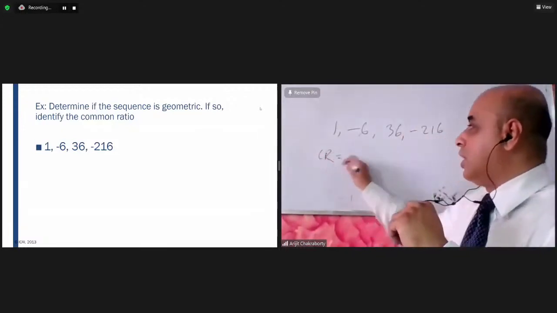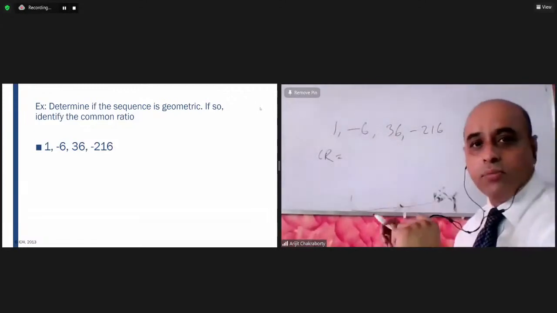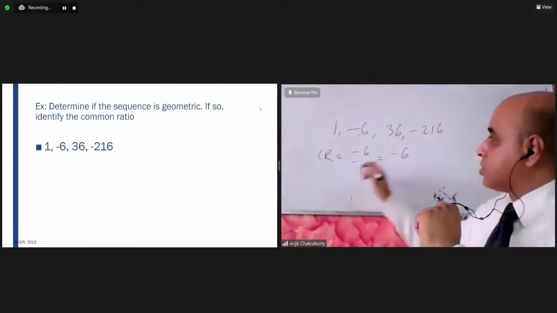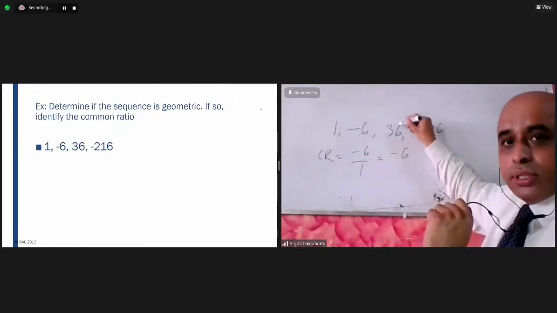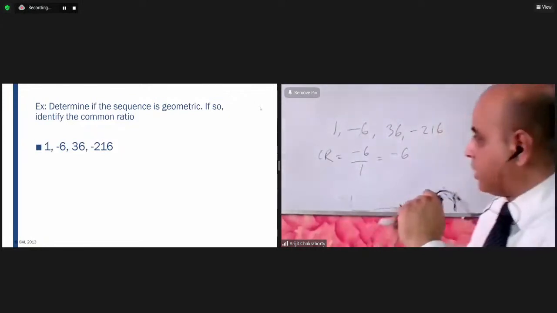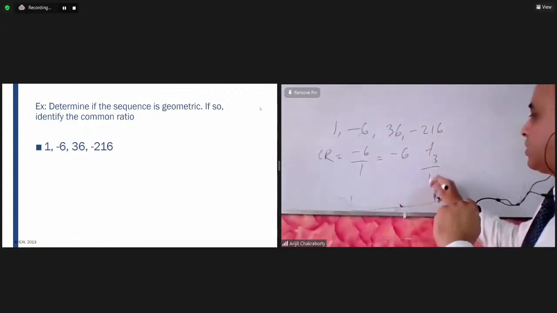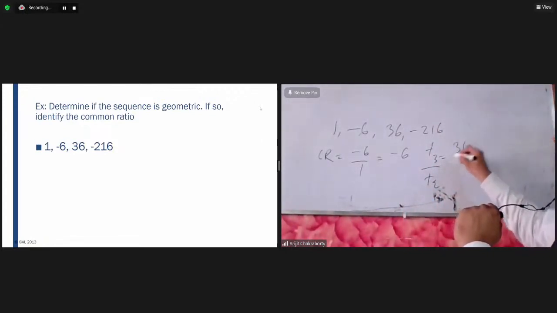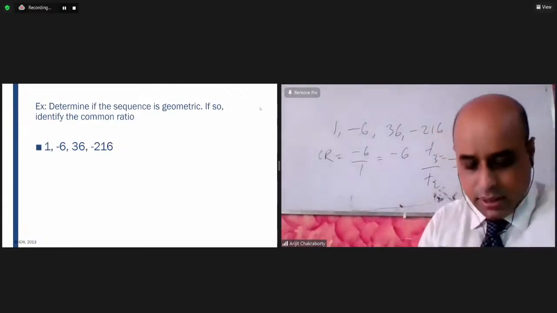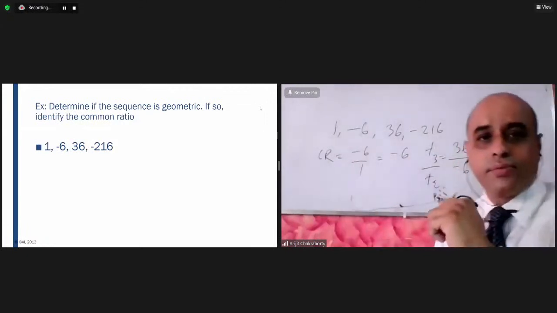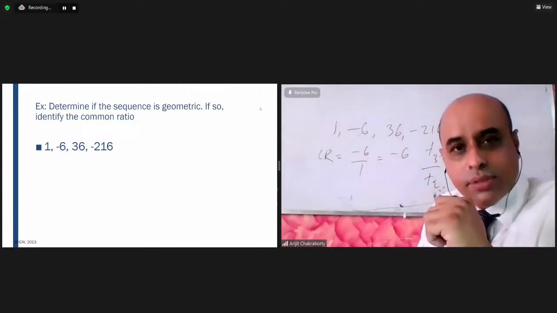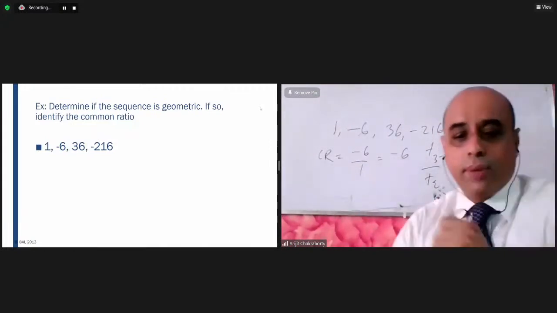The common ratio CR is equal to term 2 divided by term 1, so -6 by 1 gives -6. Also, term 3 divided by term 2 is 36 by -6, which is also -6. So as per the analysis of these numbers, yes, it is a geometric sequence, and there is a common ratio of -6.